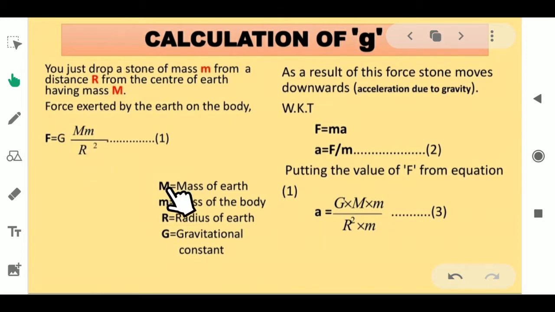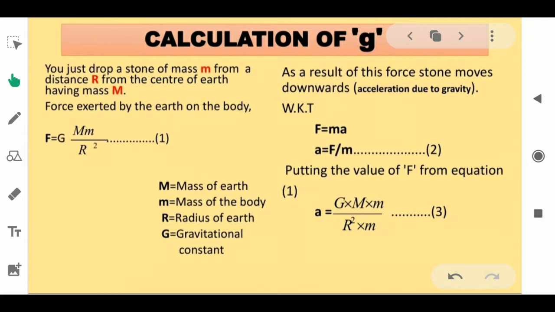Here capital M is the mass of the earth, small m means mass of the body, r means radius of earth, and G is called the gravitational constant. So the equation F is equal to GMm by r square can be taken as equation number 1. As a result of this force, the stone moves downwards, right?